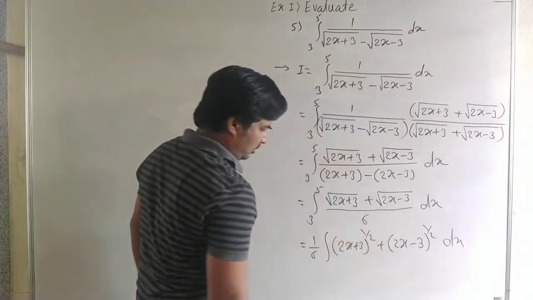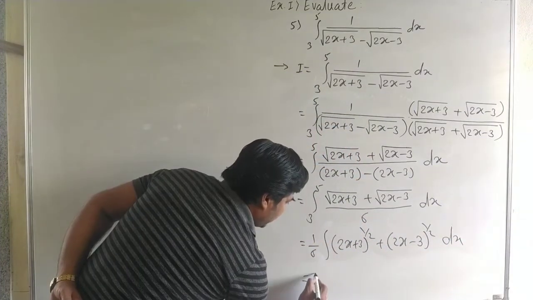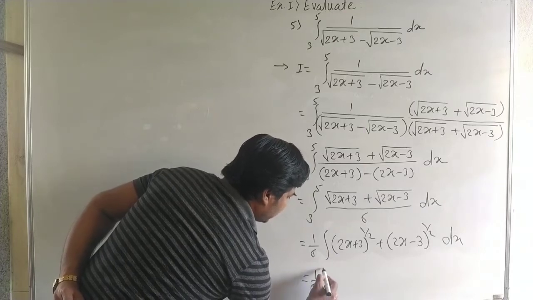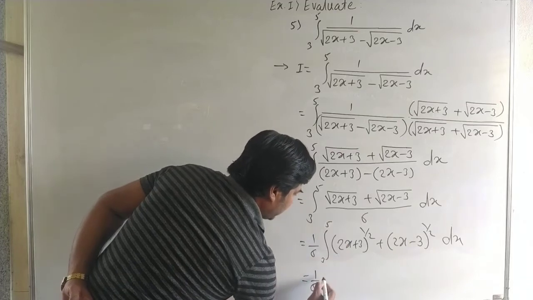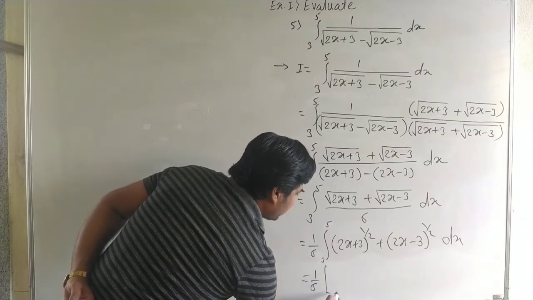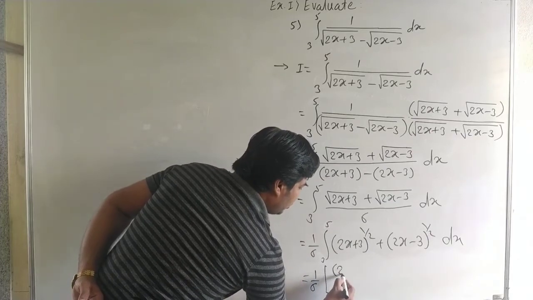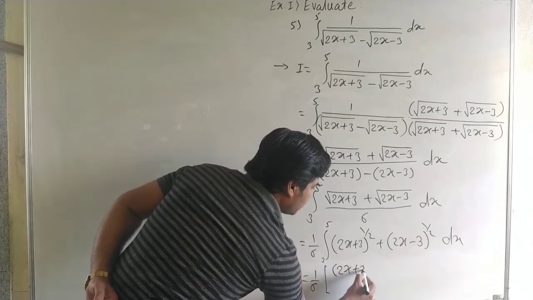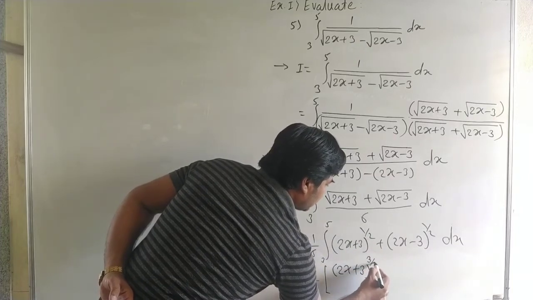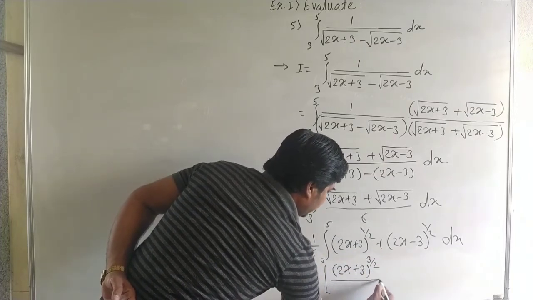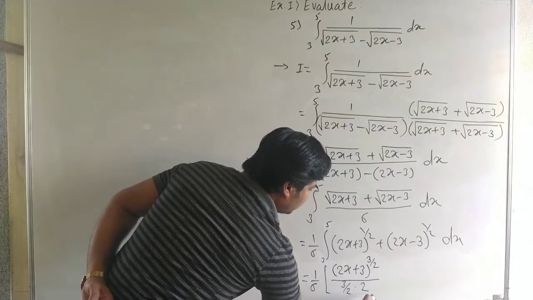We write the under root in terms of power, and here 1 by 6 is a constant. The limit is 3 to 5. Here we use the integral of x to the power n, therefore it is 2x plus 3 to the power n plus 1, that is 1 by 2 plus 1, which is 3 by 2, upon n plus 1, that is 3 by 2, but here into 2.